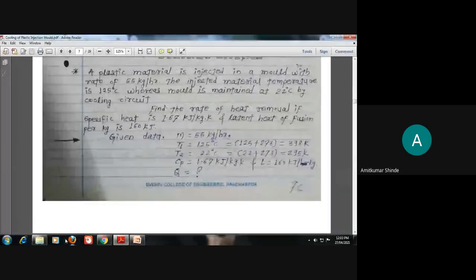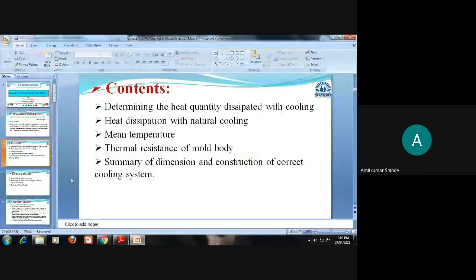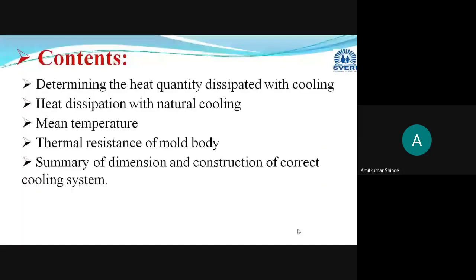Now I will stop this session here. In this session we have completed determining the heat quantity dissipated with cooling, then heat dissipation with the natural cooling, then calculation of the weight of water, and calculation of the cooling time.